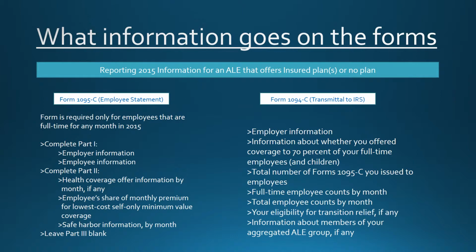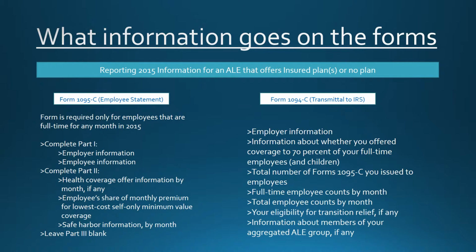The next two slides list briefly the information included on Forms 1094C and 1095C for fully insured and self-funded plans. Form 1094C for both includes employer information such as name, EIN, address, and contact person name and phone number, and information about whether you offered coverage to at least 70% of full-time employees.